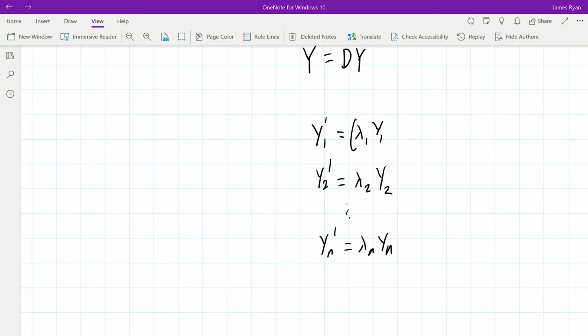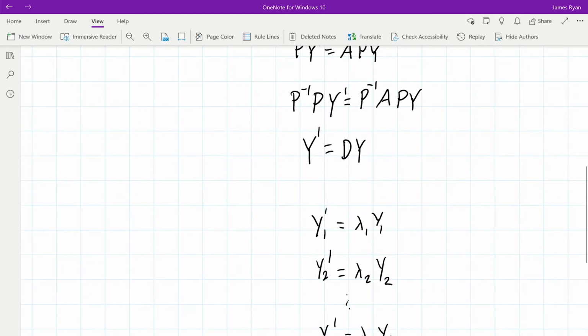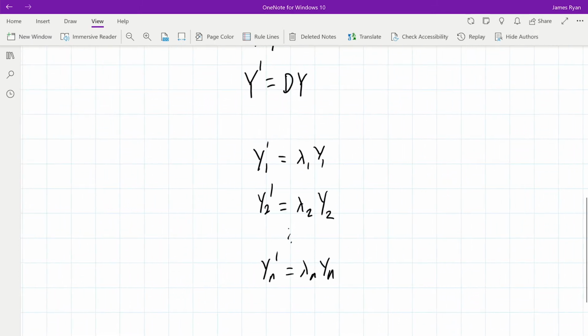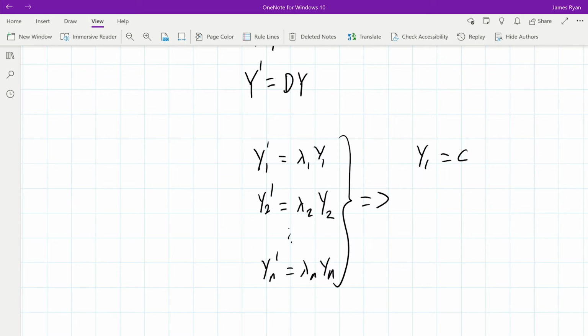These lambdas are going to be the eigenvalues of A. So when you diagonalize A, the elements of this matrix D are the eigenvalues of A. From here, all of these differential equations are separable, so we can solve them with separation of variables, and we get y1 is some constant c1 times e to the lambda 1 t, all the way down to yn is cn e to the lambda n t.